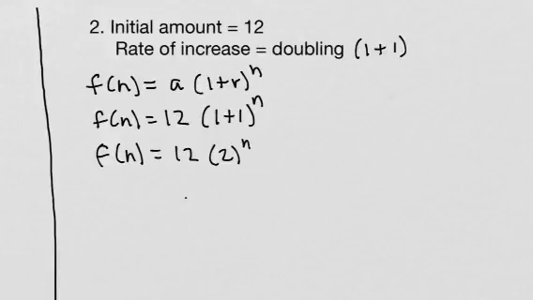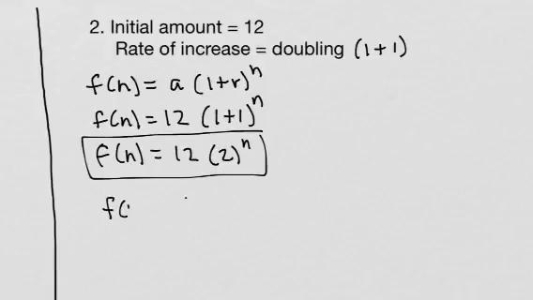So this represents the function for n years. Then after that they say, okay, how many members would belong to the club after 10 years, assuming the growth rate continues. So we want f of 10. So that's 12 times 2 to the 10.